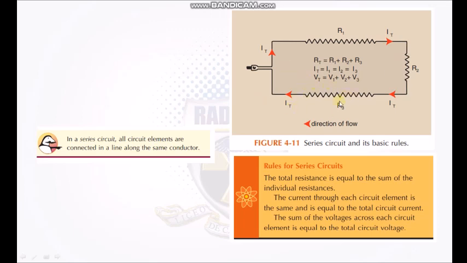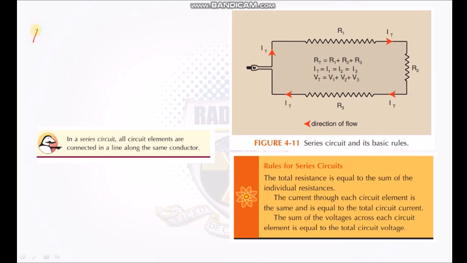So you have the rules for a series circuit. The total resistance is equal to the sum of the individual resistances. You have RT, the total resistance, then R1, R2, and R3, the resistance of each element.